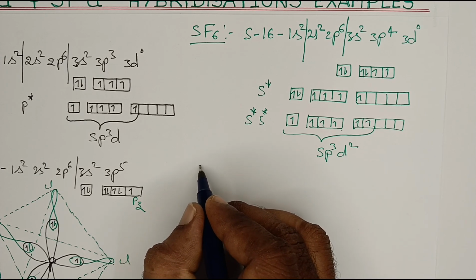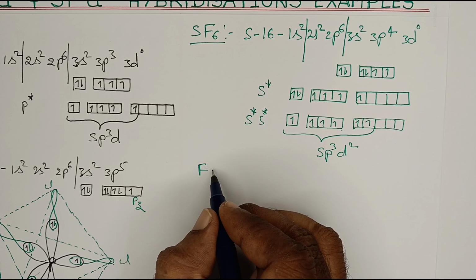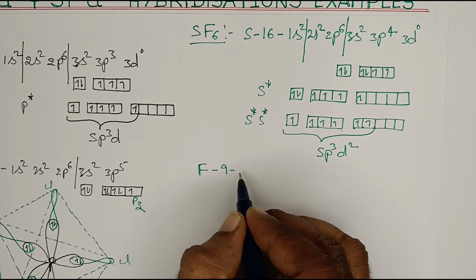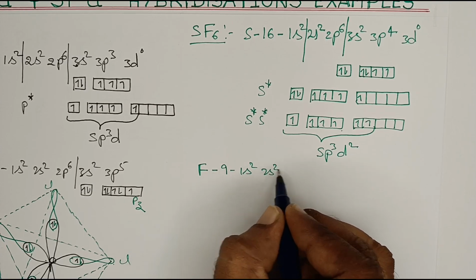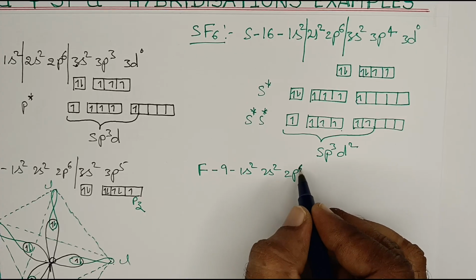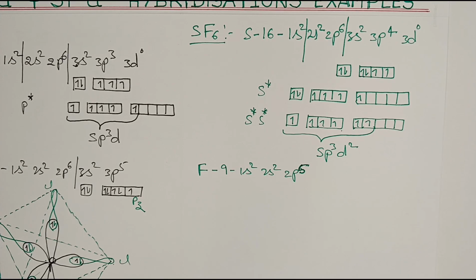In fluorine, the atomic number is 9, and the configuration is 1s2 2s2 2p5.